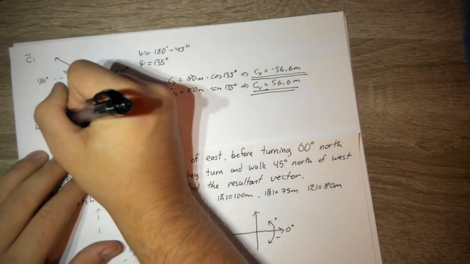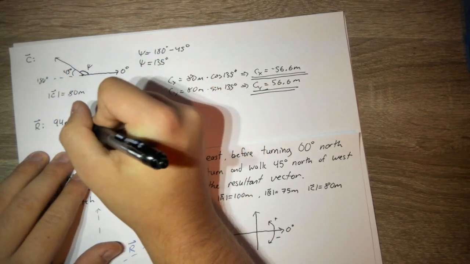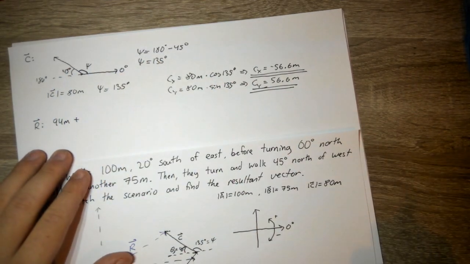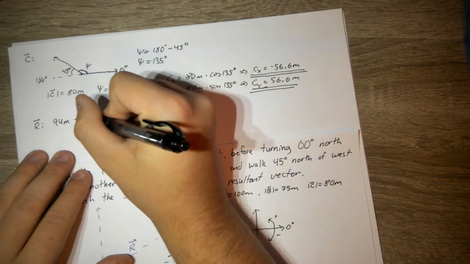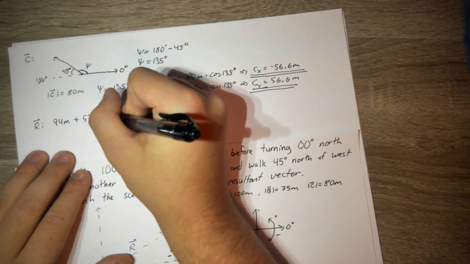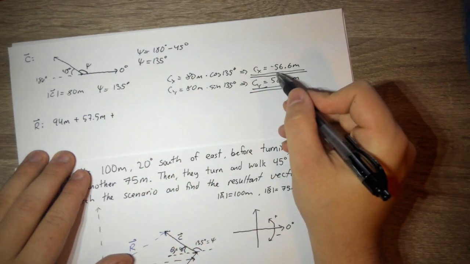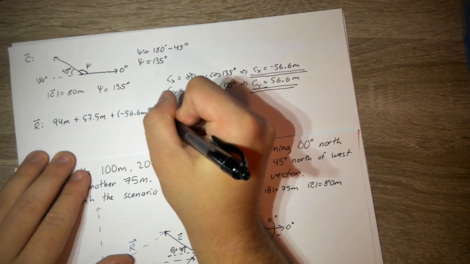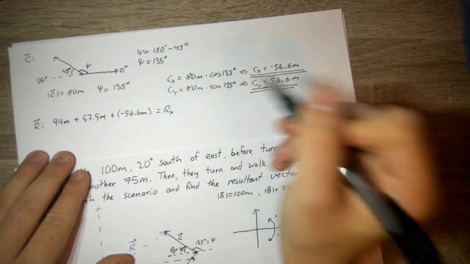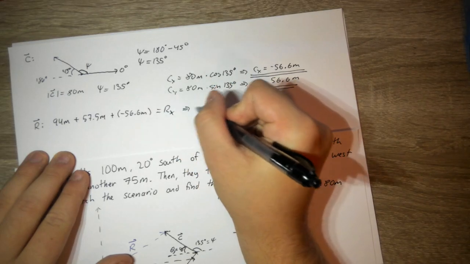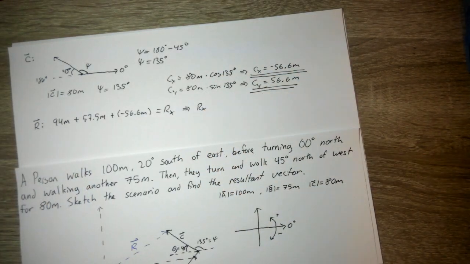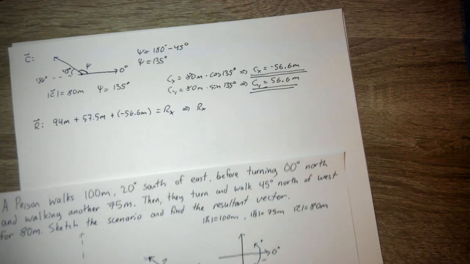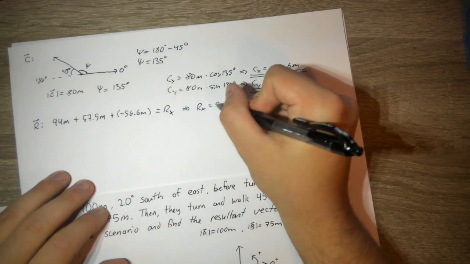So 94 meters plus 57.5 meters plus negative 56.6. And that's our Rx. And that turns out to be 94.9 meters.